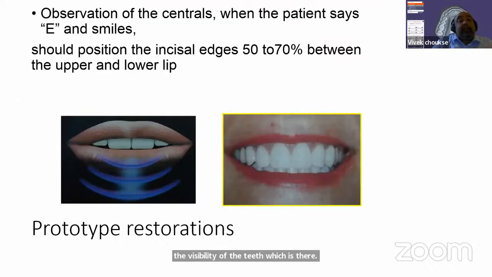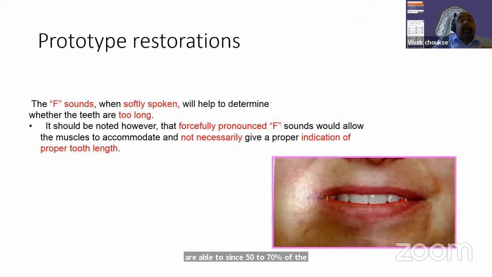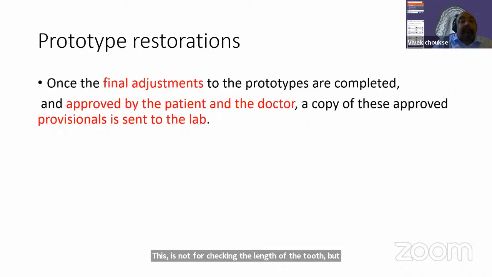In the smile, we should see whether we are able to see 50 to 70% of the teeth between the upper and lower lips. With the F sound, we can see where the incisors are positioned when the patient is speaking F. This F position is not for checking the length of the tooth, but definitely for checking the position of the incisors while speaking the sound F.